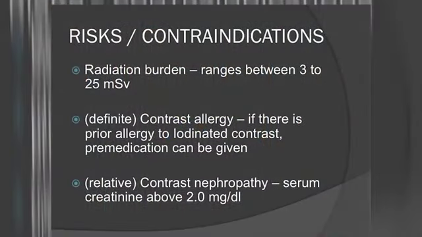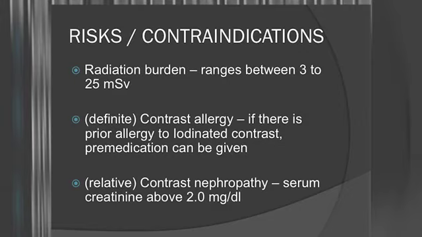A definite contraindication would be if you have allergy to contrast. So if you have taken iodinated IV contrast in the past and you have had allergic reactions, then we may not be able to do the scan for you. A relative contraindication is that of renal failure.